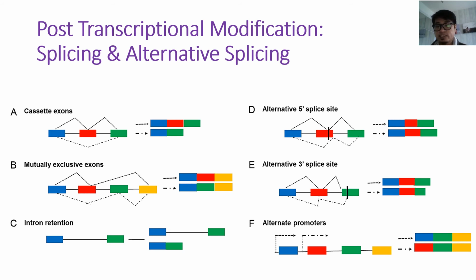The last one is alternate promoters, whereby if there are 4 exons there, the promoter might bind to the second exon, so the transcription will happen at the second exon to translate into the new protein.